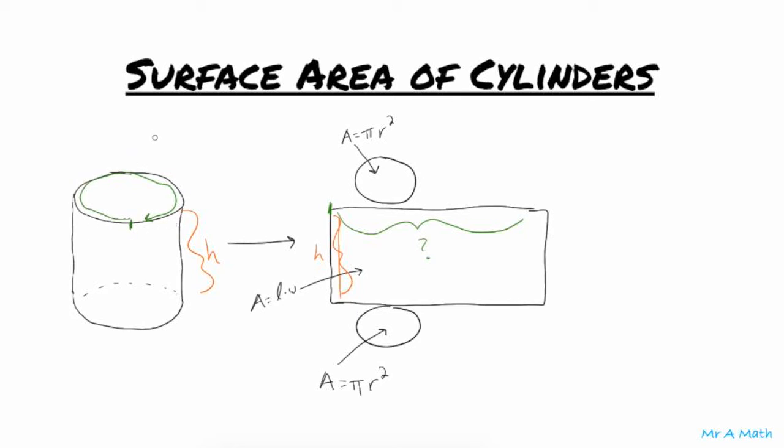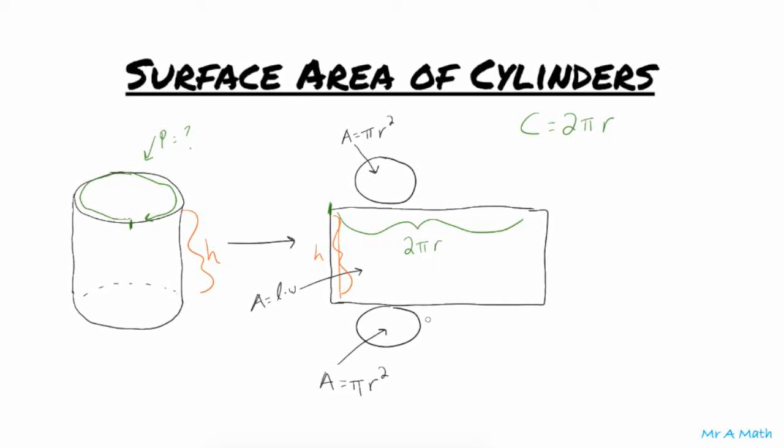And so what do we call the perimeter of the circle? Well, we call that the circumference. And if you remember about circumference, the circumference is equal to 2 times pi times the radius. So my length here is going to simply be 2 pi times the radius.